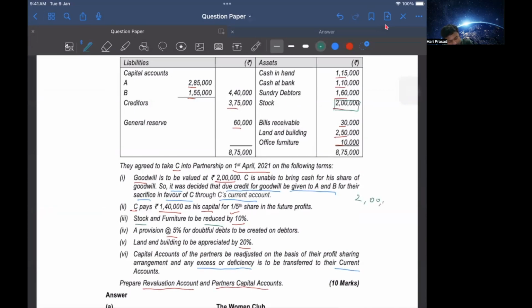That is 2 lakh into 10%. The meaning of 10% is 10 divided by 100. The answer is 20,000. That is, we have to reduce the stock value by 20,000.